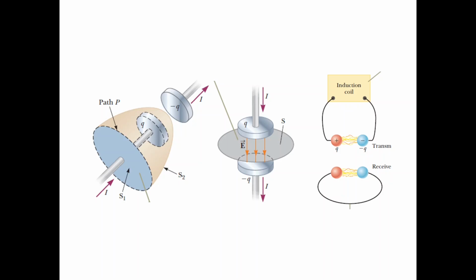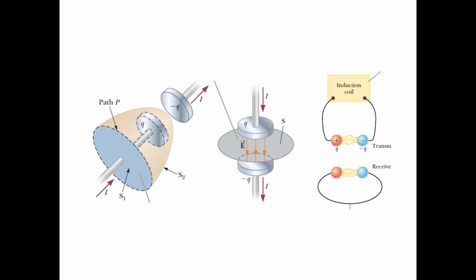So both of them originate from the same closed path. And if we consider now first surface S1, what will be the current which flows through the surface S1? It will be just I, the conductivity current, which is carried through this conductor.